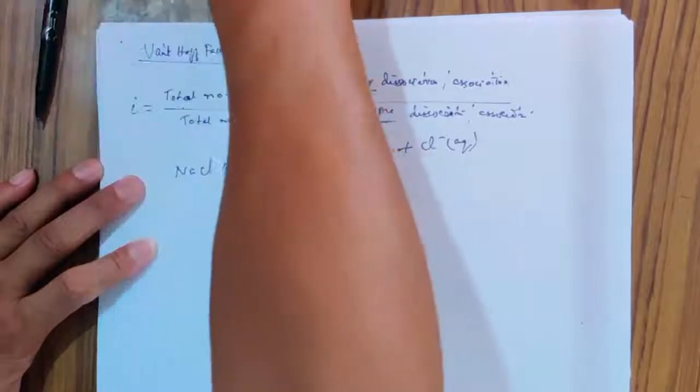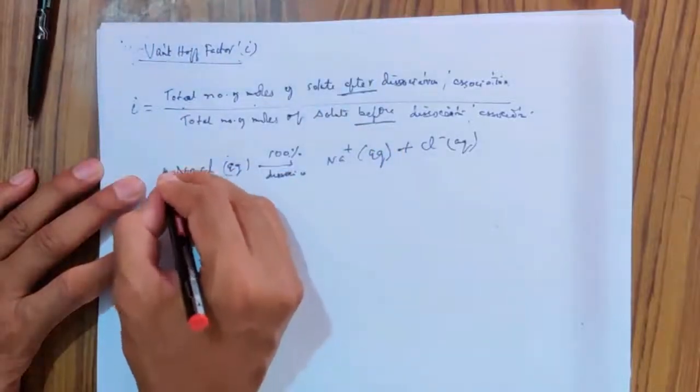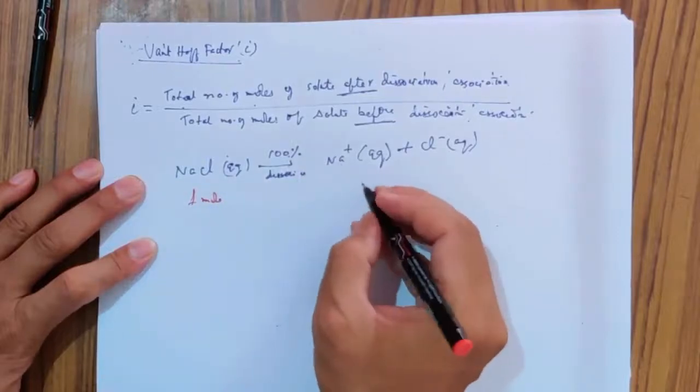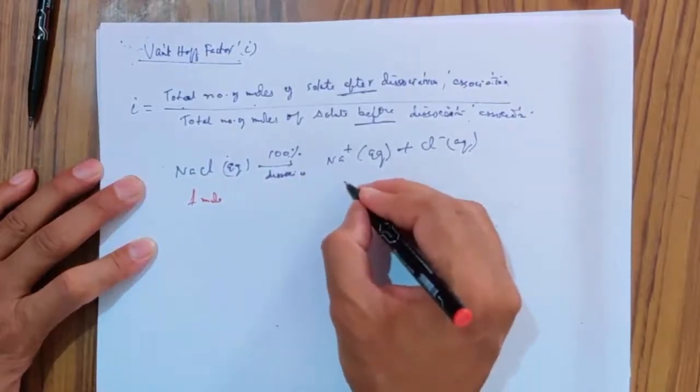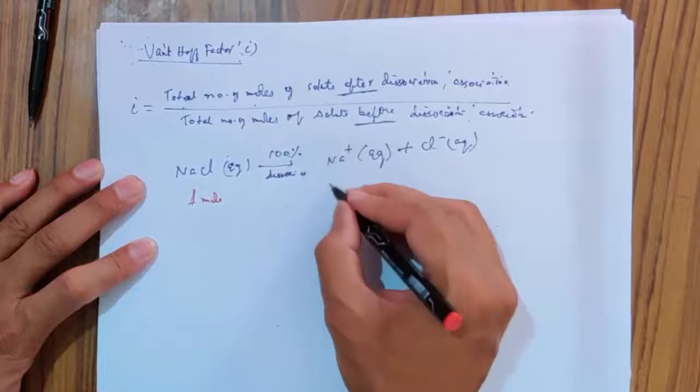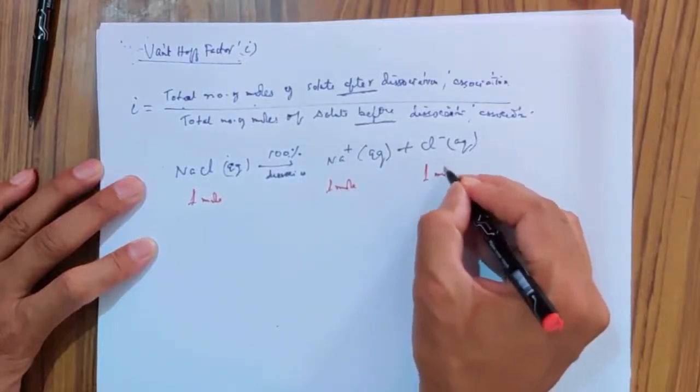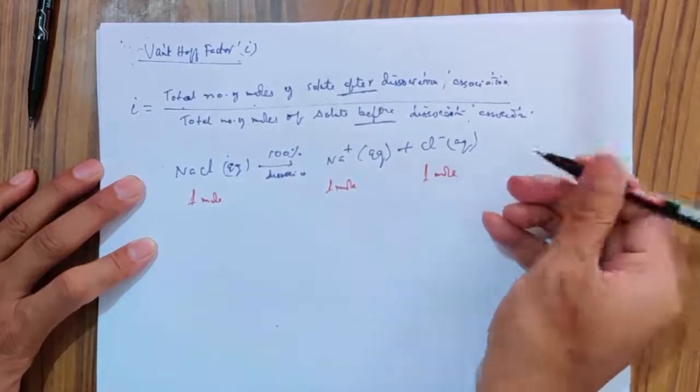How many moles? The coefficient of Na+ is 1, so this is 1 mole. Chloride ion also is 1 mole, right?